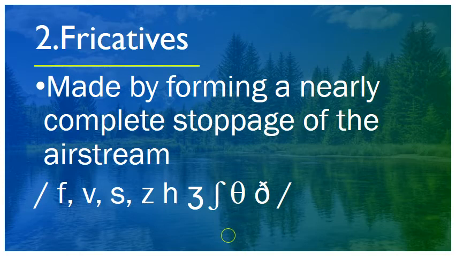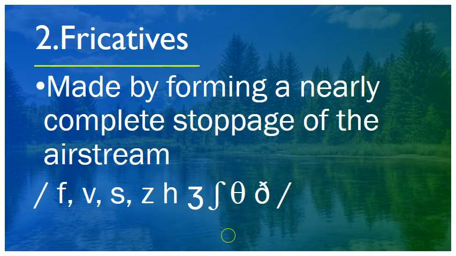So the airstream from the lungs is almost completely stopped in the oral cavity while it is released very slowly until it makes the sound of buzzing. That's why the fricative sound is also called a buzzing sound or hissing sound, because it is hissing.